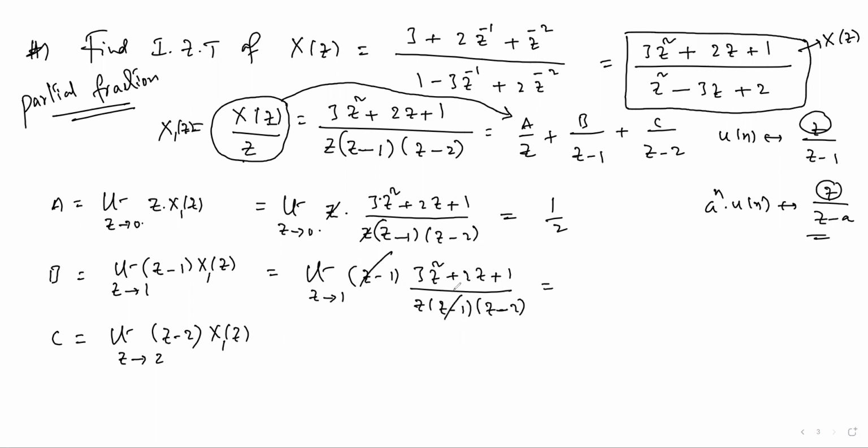If you substitute z value 1, it is 3 plus 2 plus 1 divided by 1 into minus 1, minus 1. So we'll get minus 6.